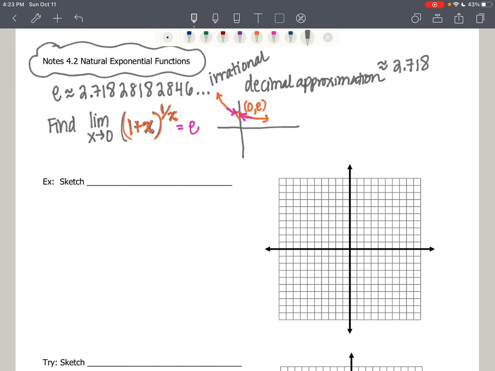Another way to write it is the limit as x approaches infinity, now it's a horizontal asymptote, of 1 plus 1 over x raised to the x power. This looks very familiar.